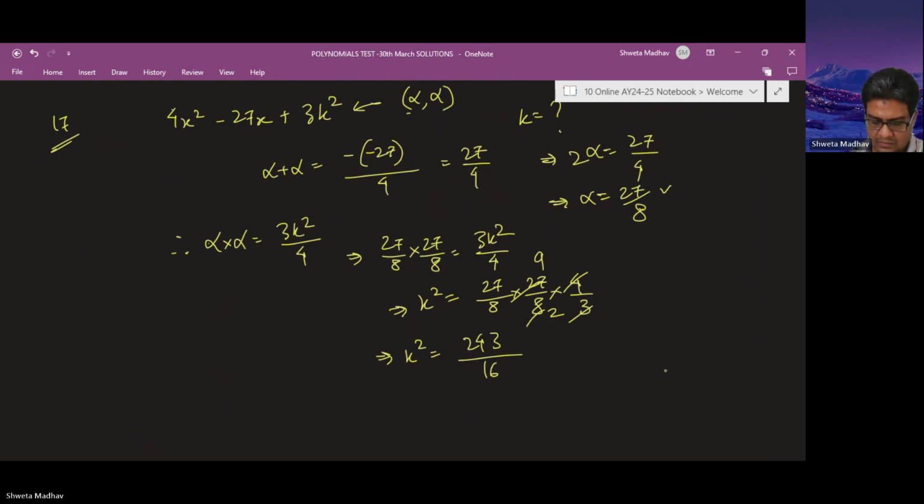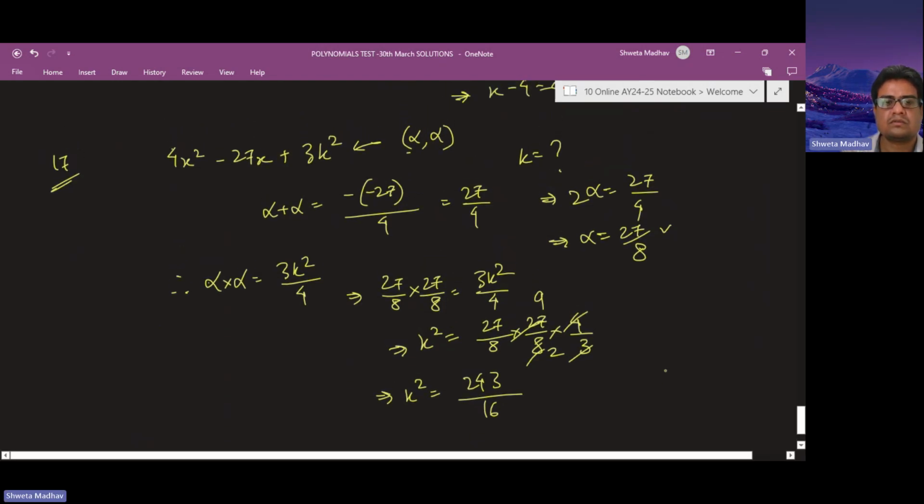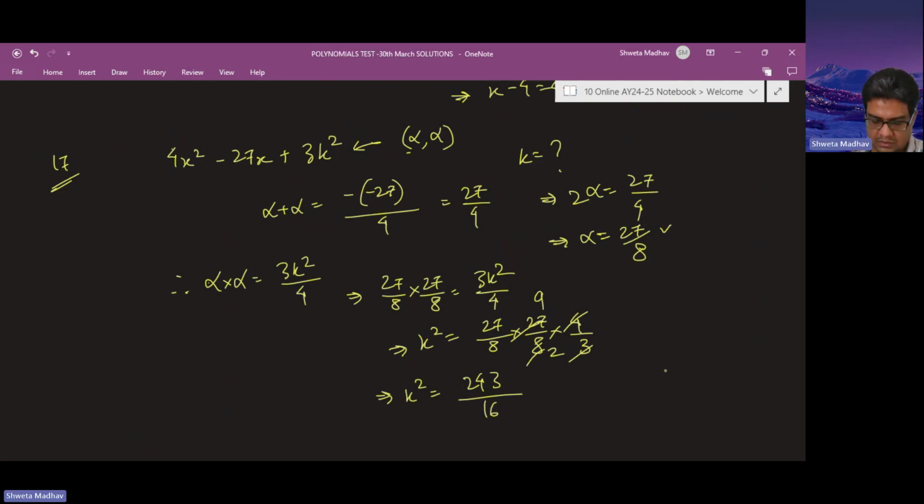Sum of the zeros is minus b by a, 27 by 8.